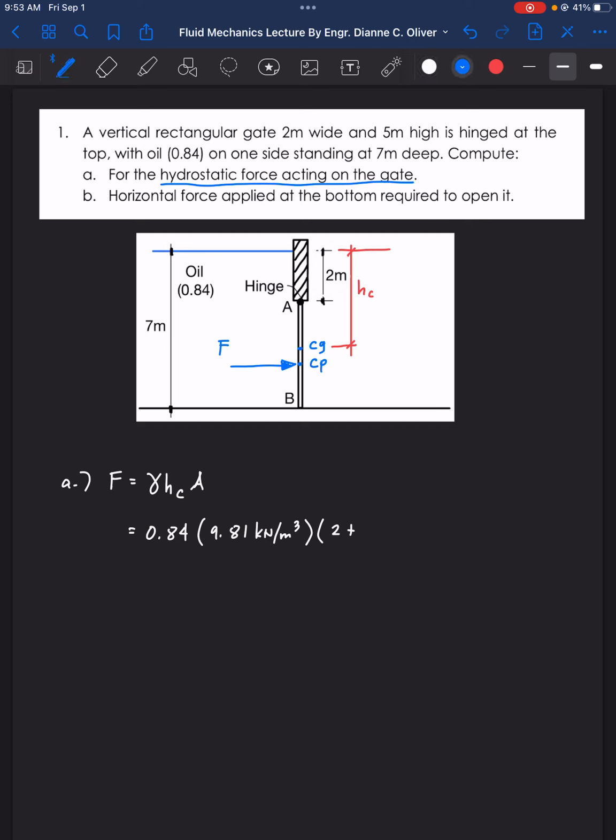In the problem it was mentioned that this gate is 5 meters high, so that is 5 meters divided by 2 to find the center of gravity. Then multiplied by the area. What's the area of the gate? It's 2 by 5.